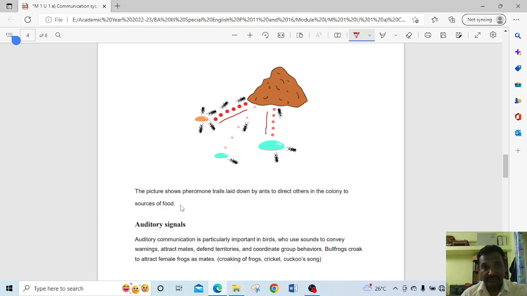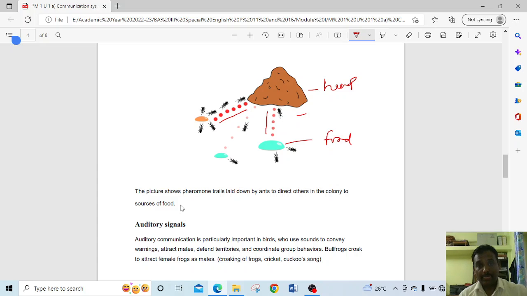So from this ants' heap, here is food and here is the heap.